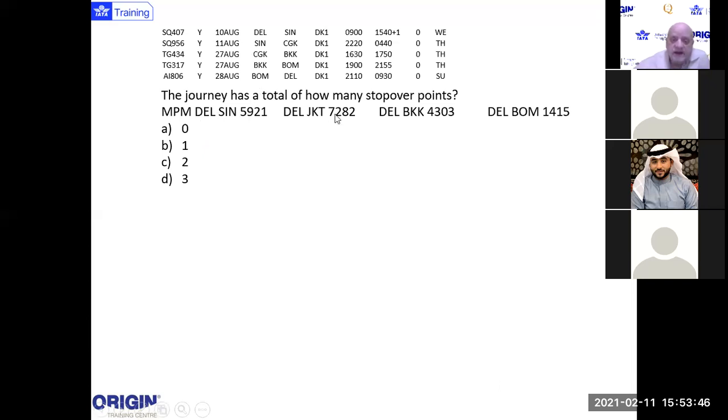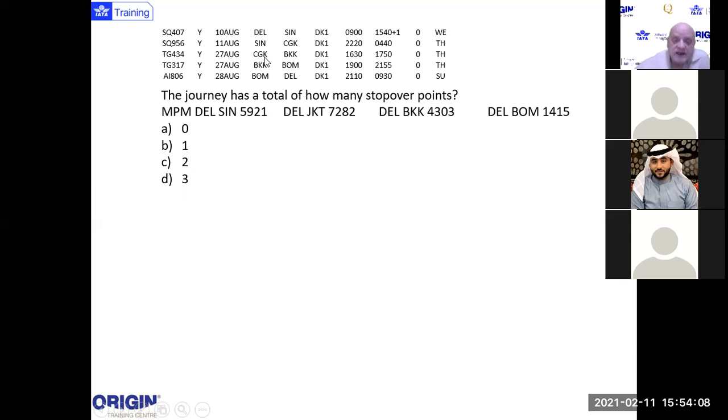Here they have NPMs. I've no idea why, except it's just there to confuse you, because the question is, how many stopover points? Does that have anything to do with the NPM? No, it's to do with the dates.